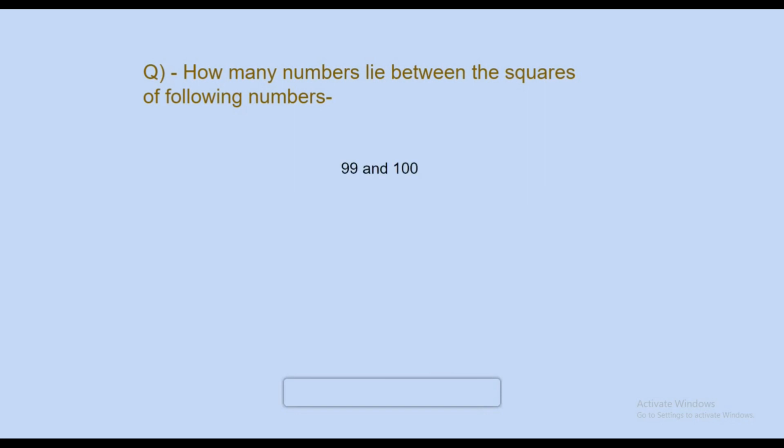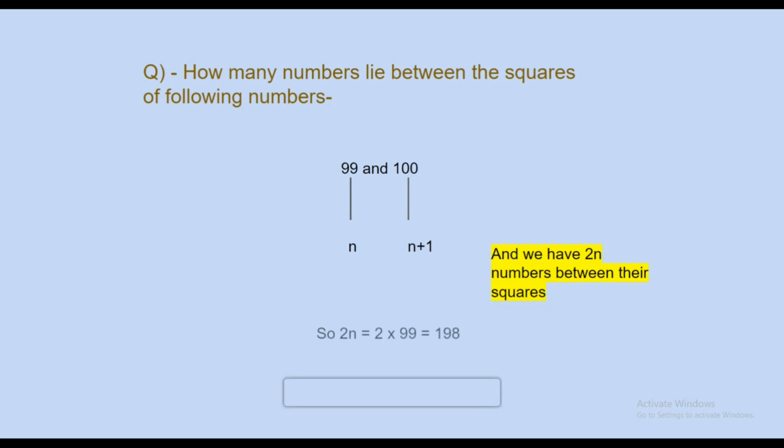Let us try one more example. This time we have to find the numbers between the squares of 99 and 100. Here 99 is n and 100 is n plus 1. According to the formula, we have 2n numbers between their squares.